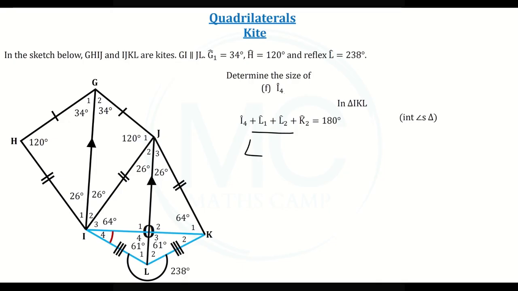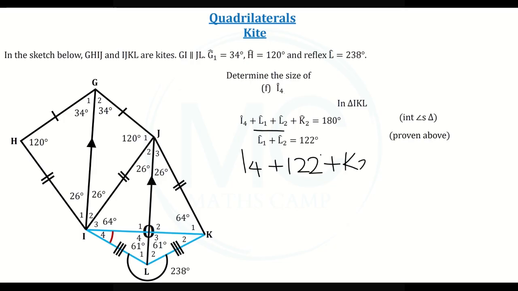So we can make a note that L1 plus L2 is equal to 122 degrees. We proved this in part E. We don't need to prove it again. So as our reason, we simply say proven above. Now let's put these values into our equation. We have angle I4 plus L1 plus L2, which we know is 122 degrees, plus angle K2, and this is all equal to 180 degrees.